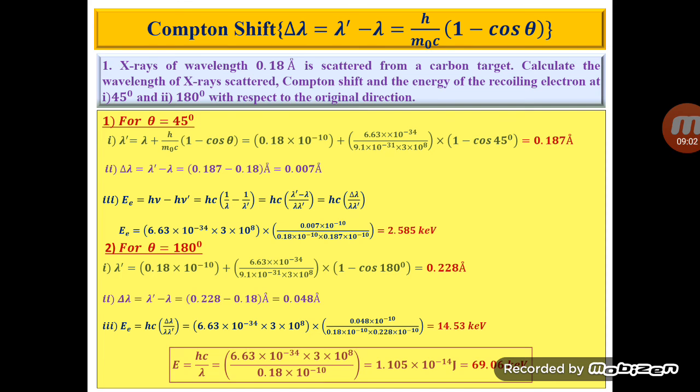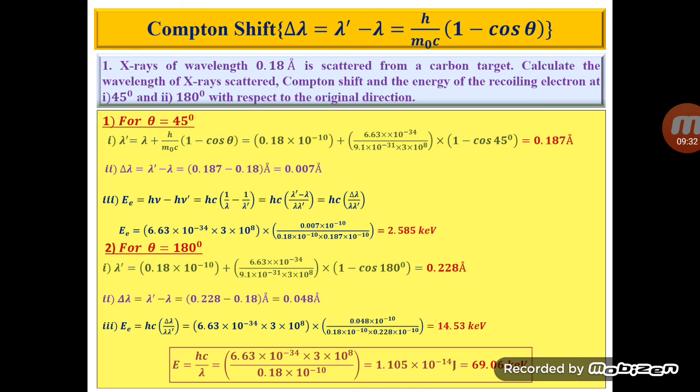As the Compton shift increases, the energy transferred to the recoiling electron also increases. So that's why the energy of the recoiling electron in case of 180 degrees is 14.53 kilo electron volt, whereas in case of 45 degree scattering angle, its value is 2.585 kilo electron volt.